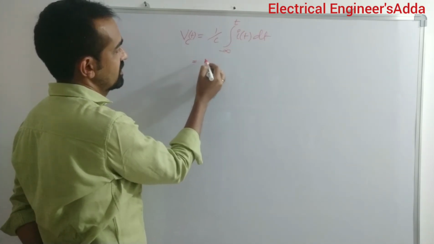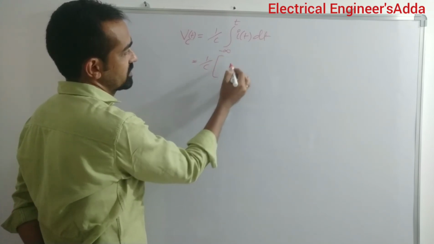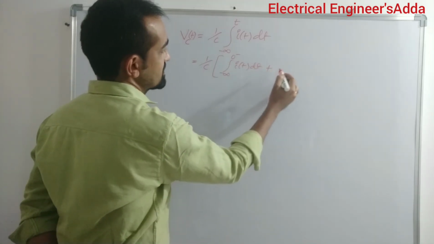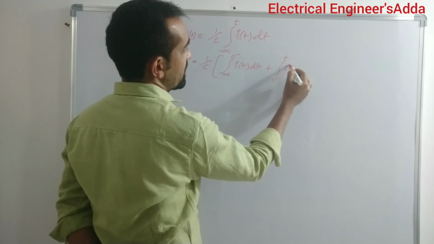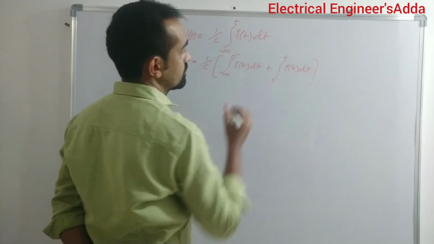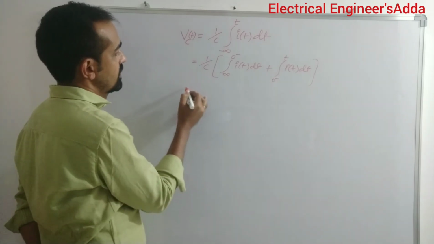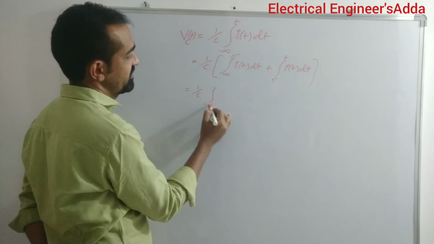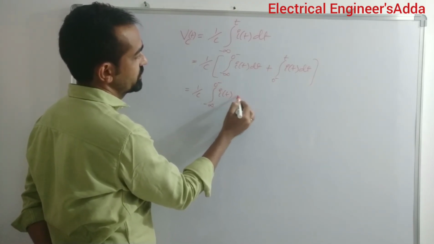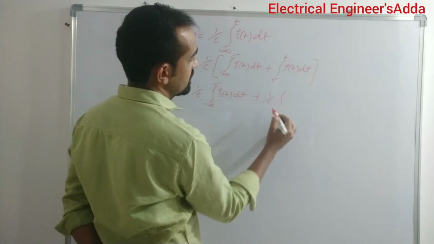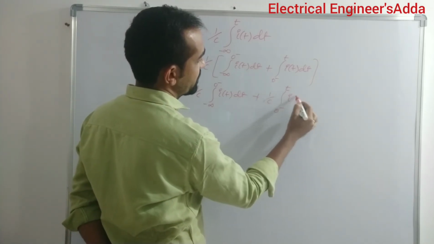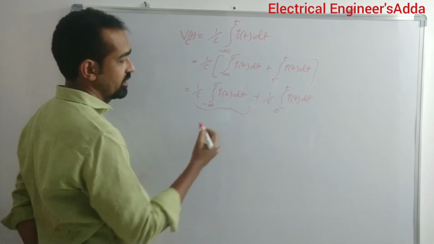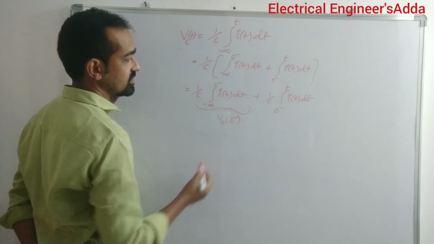These limits are split into two parts: 1 by C integral from minus infinity to 0 minus of I of t into dt, plus 1 by C integral from 0 minus to t of I of t into dt. This first term can be written as Vc of 0 minus.